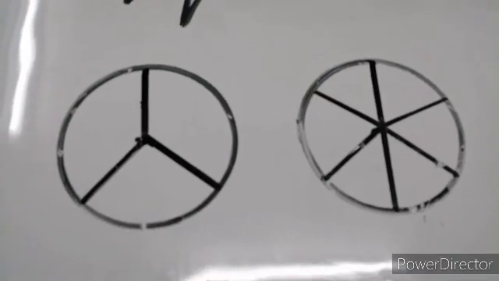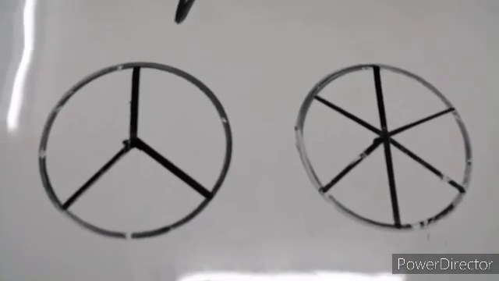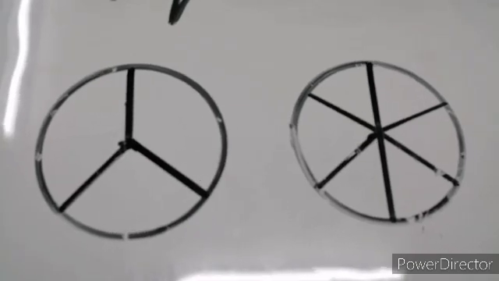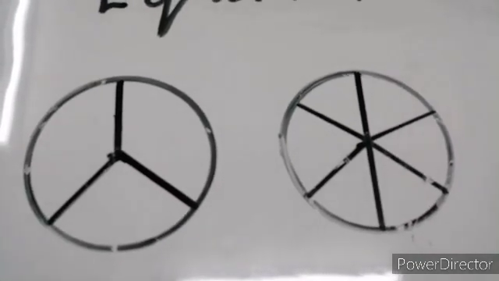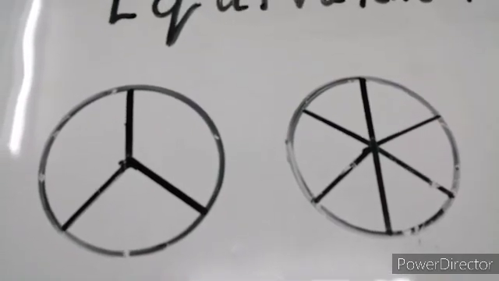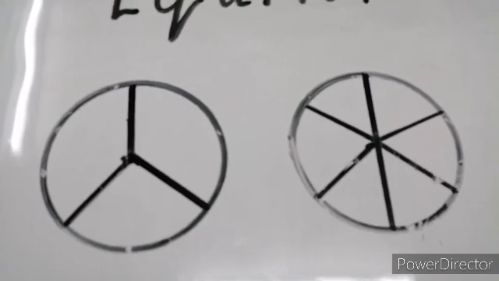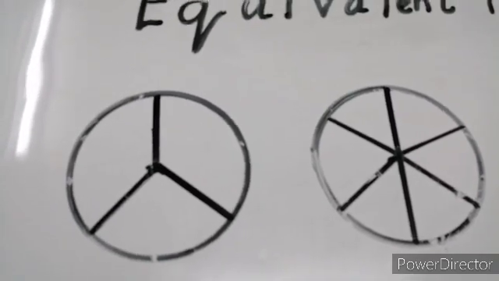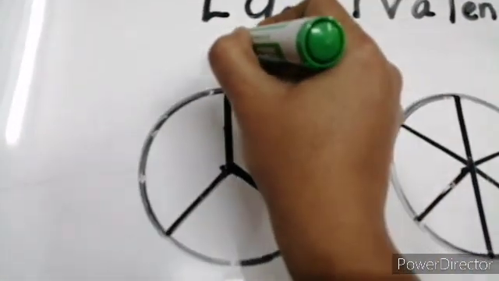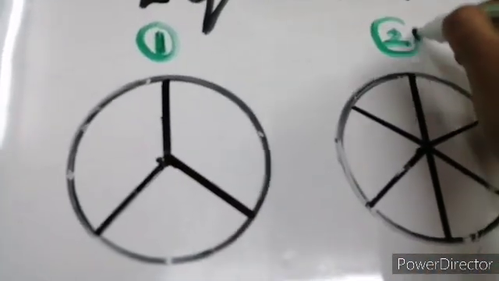Now let us see another example with the circles. There are two circles which are exactly the same. So the whole, the full part of the circle is the same. From this, we can make equivalent fractions. I will tell you how. The first circle, this is circle number 1, this is circle number 2. Okay?